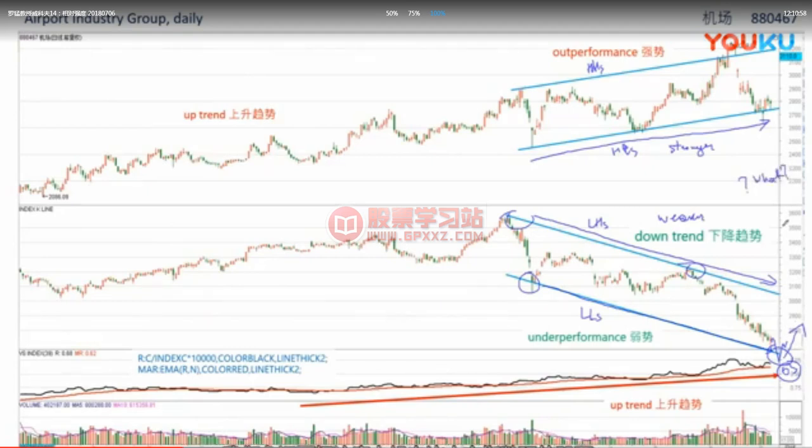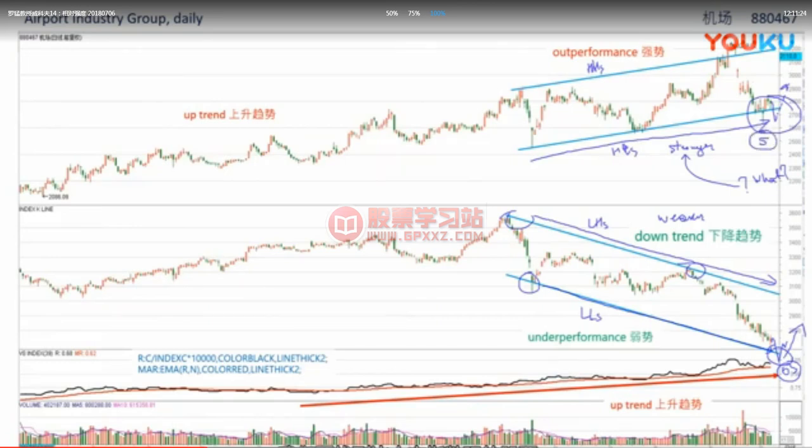What instrument? We obviously want to pay attention to the instrument that is stronger than the market. Imagine if the price of the index is going to go up, that's probably going to push everything else up as well. So you want to find the instrument or the stock that is going to be stronger than the market.